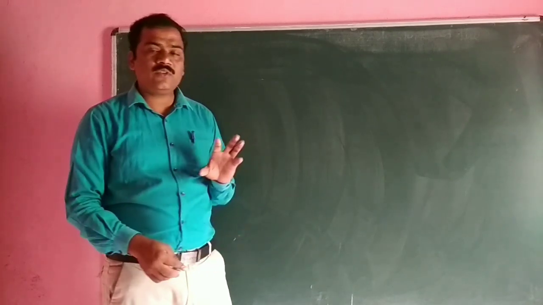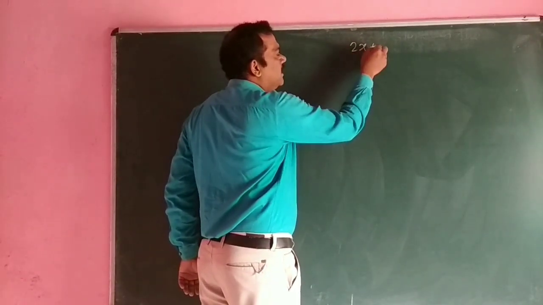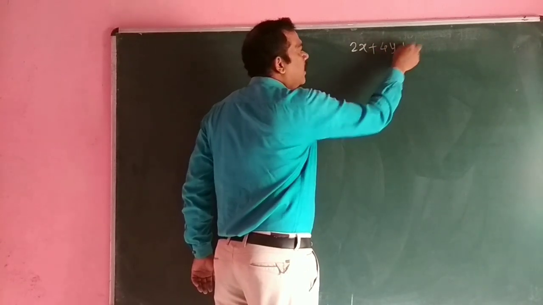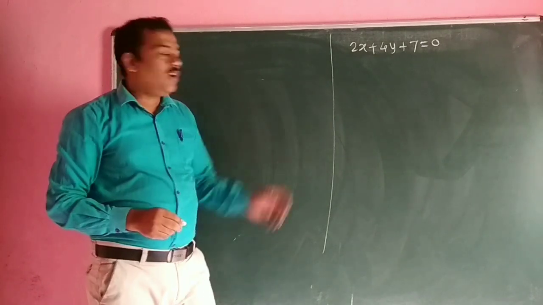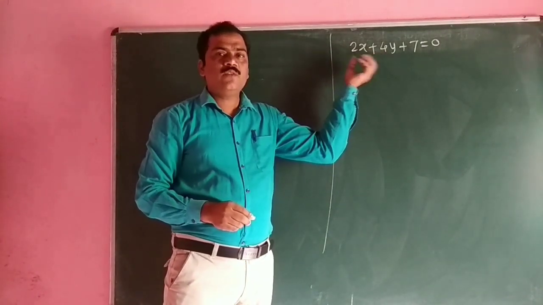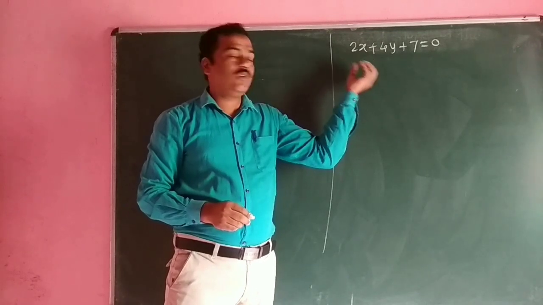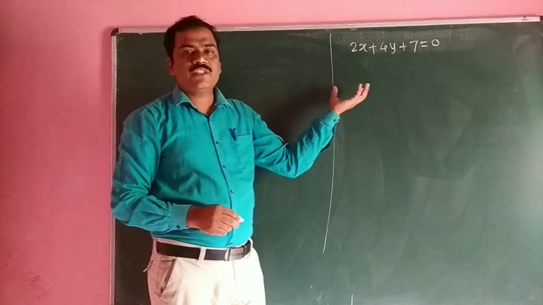For that purpose, we take a simple example. Suppose the equation of a straight line is 2x plus 4y plus 7 is equal to 0. I want to find the slope of this straight line, and we know that the slope of a straight line is equal to minus coefficient of x divided by coefficient of y.